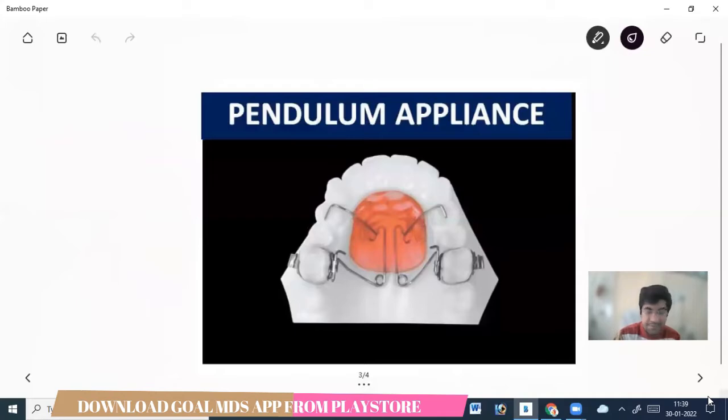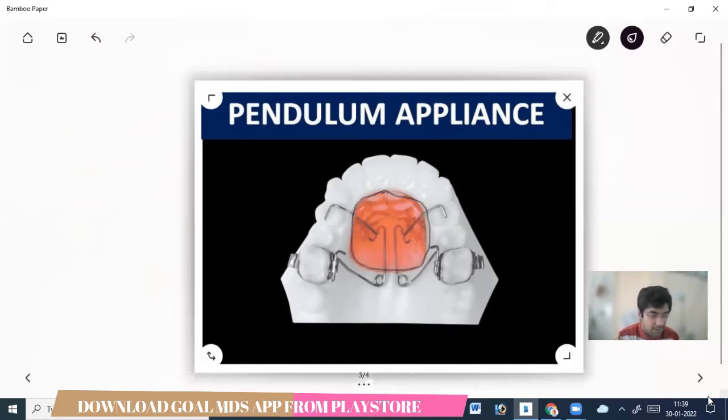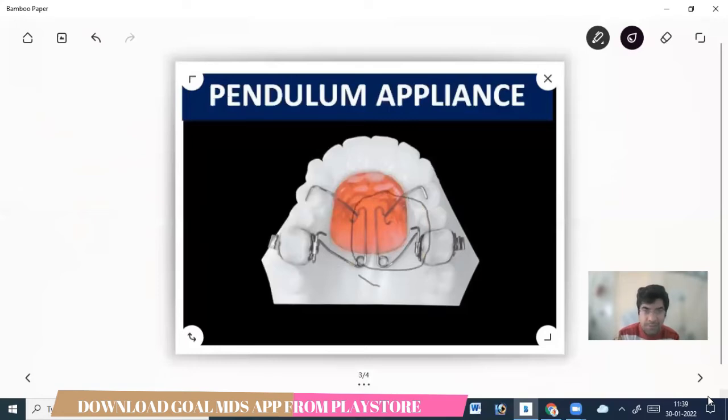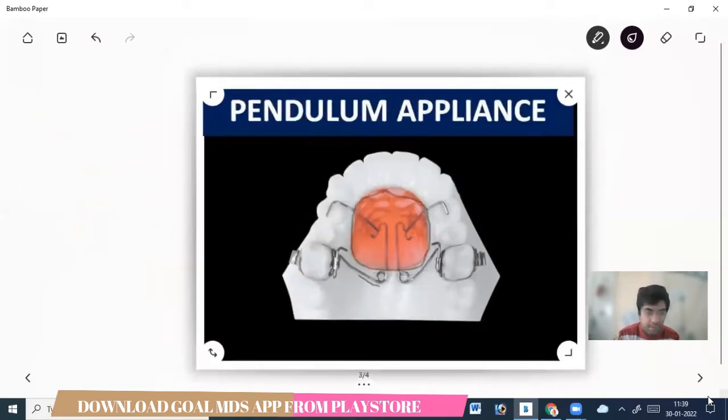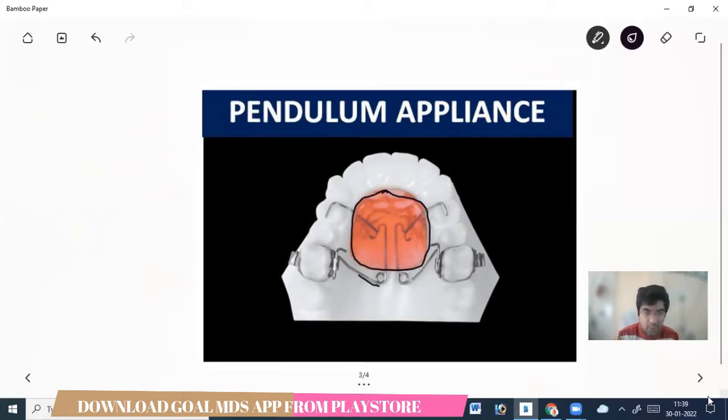Number one, it consists of a Nance acrylic button, TMA spring, along with wire components that include a closed helix, a small horizontal loop, and the wire connecting the band to the first molar and the second premolar.